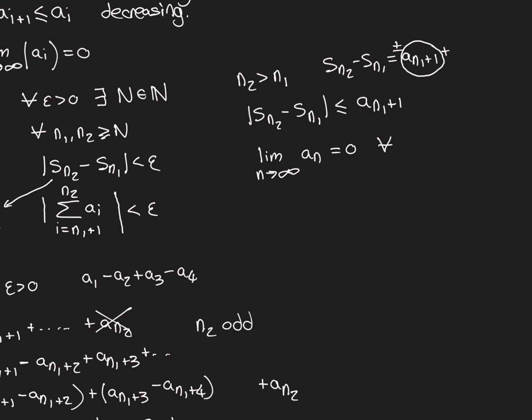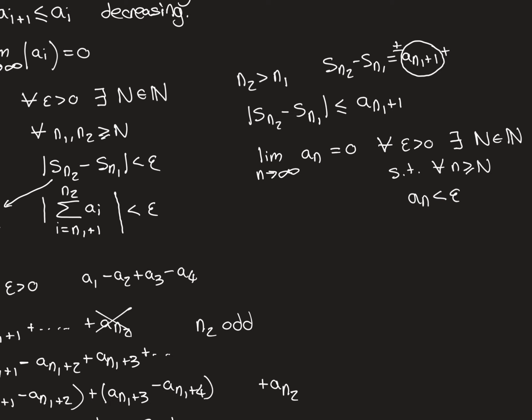So this means that for all epsilon greater than 0, there exists a big N, an element of the natural numbers, such that for all little n greater than or equal to big N, the size of these terms, so we could put absolute value of a_n, but we don't need to because they're all positive, so we can just put a_n is less than epsilon. So no matter how small you want, you can find a point in this sequence of terms where for that point and for all the points afterwards, they are smaller than that epsilon.